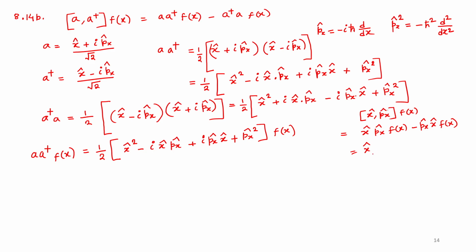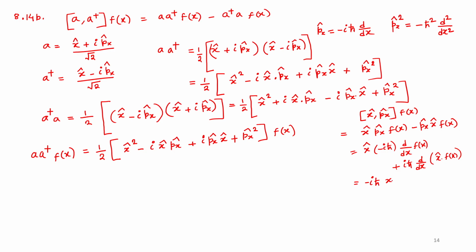So x into minus i h cut d by dx of f of x, and here it is minus i, so plus i h cut d by dx of x f of x, the whole, right? Because it is there on the right hand side of the derivative, like what we did in the last problem.